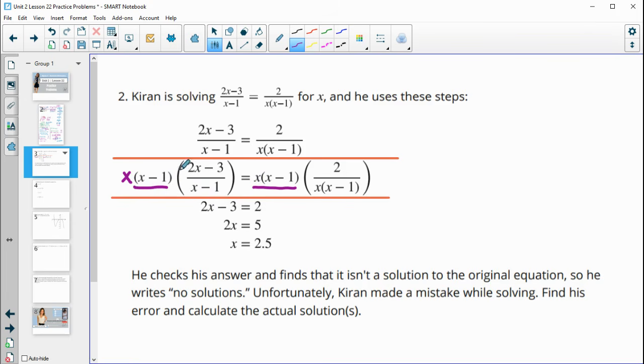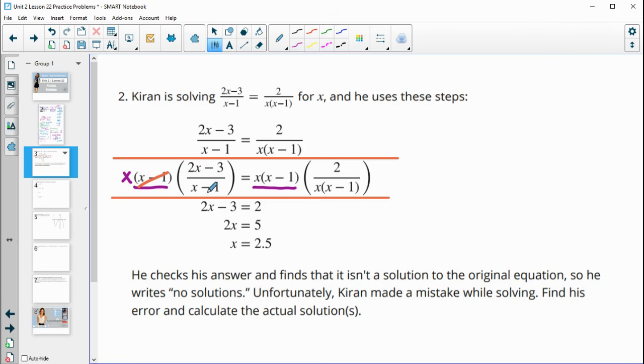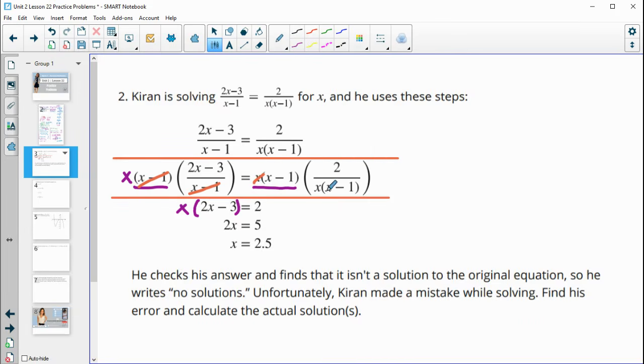And so when he does that, this x minus 1 will cancel, but he'll have x times the 2x minus 3. And then over here, he still has both of these cancel. So the 2 on this side is right. So let's go from here and fix his work.